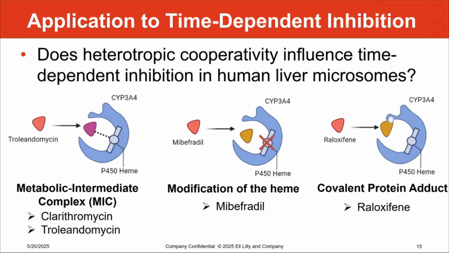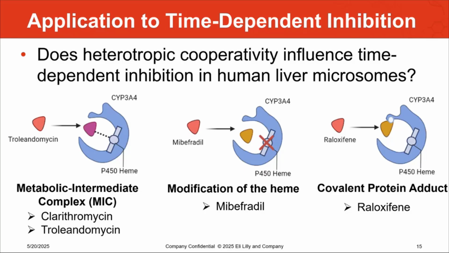And there are several different mechanisms of irreversible time-dependent inhibition. Starting on the left, we have metabolic intermediate complex, and this is where a compound, once metabolized, the reactive species will then form a quasi-irreversible bond with the iron in the heme of the P450, essentially rendering it unable to catalyze other reactions.